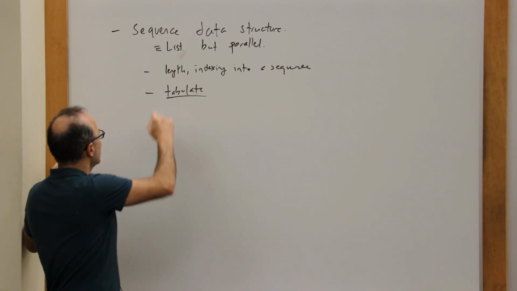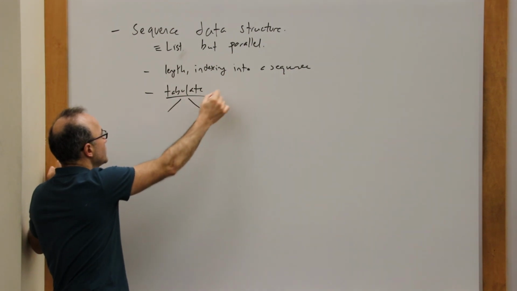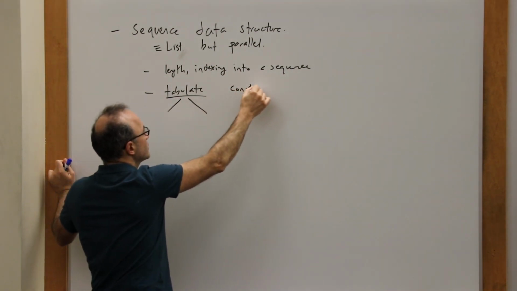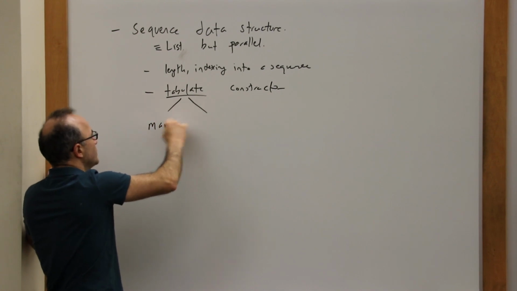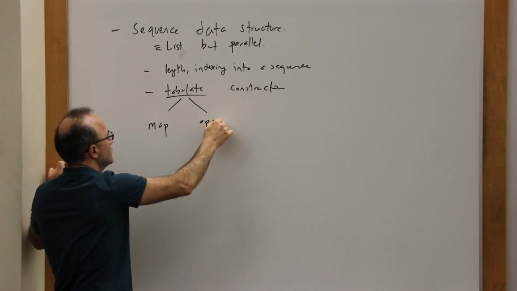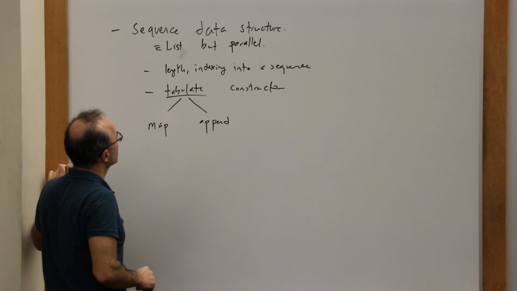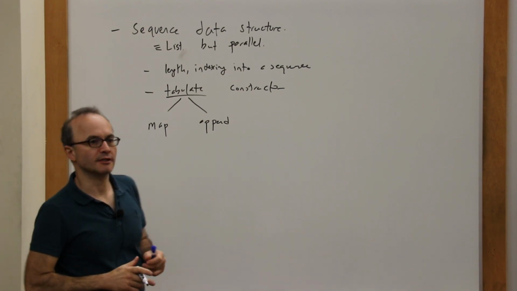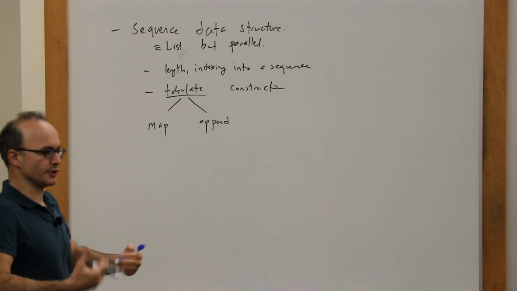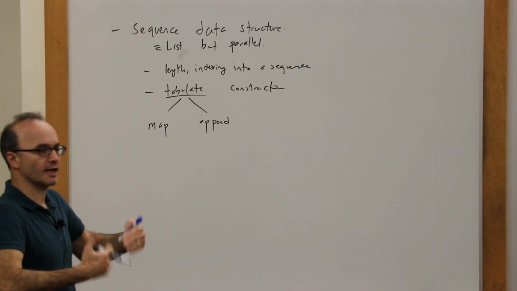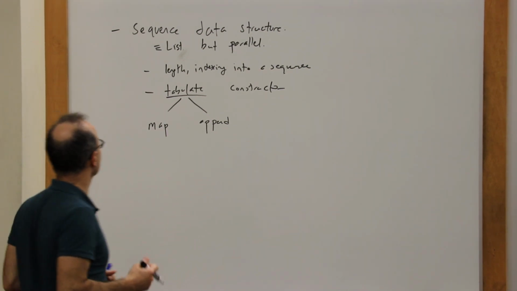You can think of this as a constructor. From tabulate, we implemented map, append, and similar operations. Map allows us to map a sequence into another one, append allows us to construct bigger sequences.